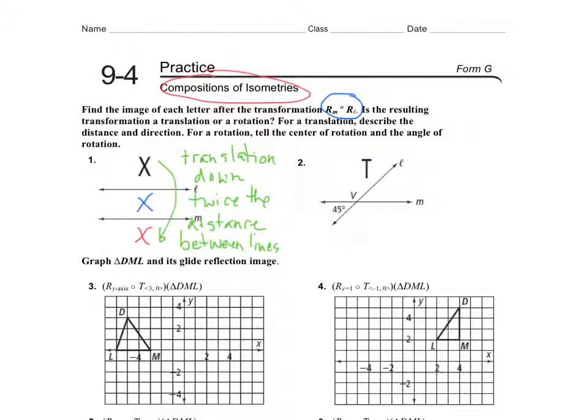And so if you do that, your first reflection should look something like this, give or take. Maybe I made my T just a little bit longer over there. And then that's your first reflection, and then we're going to take this T and reflect it over line M.